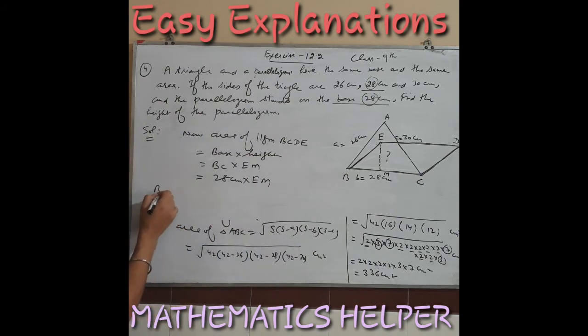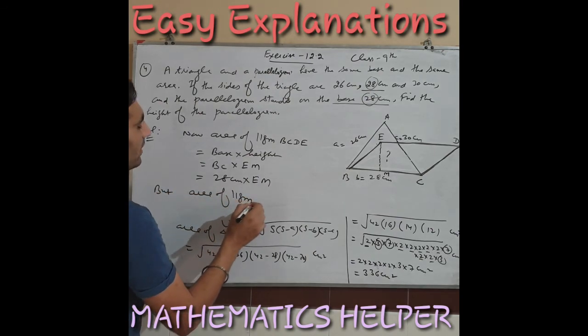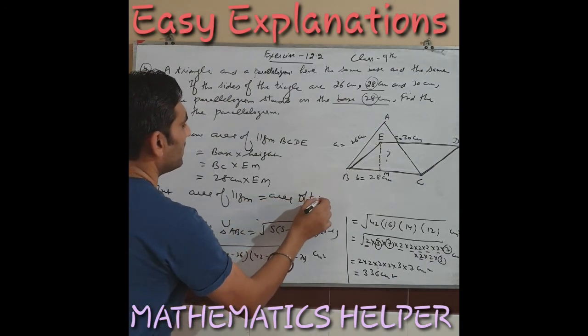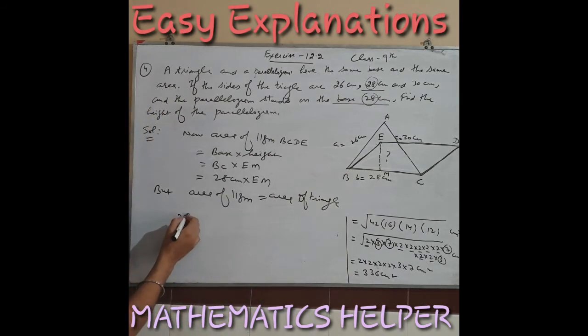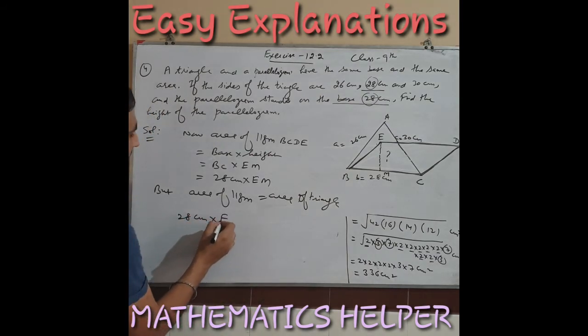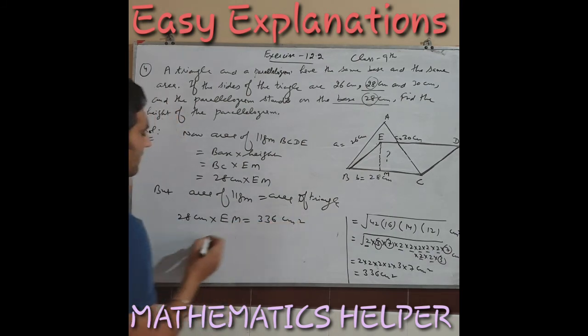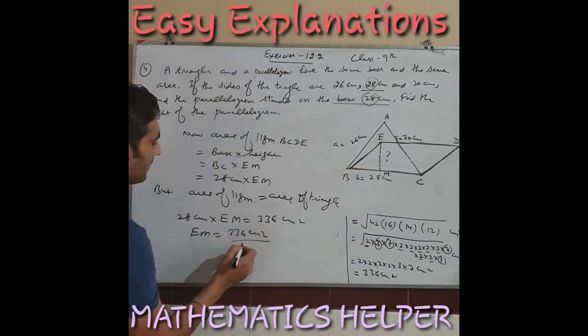But in the question it is given that the area of the parallelogram is equal to the area of the triangle. So if their areas are equal, we can say 28 centimeter into EM equals 336 centimeter square. Then EM equals 336 centimeter square over 28.